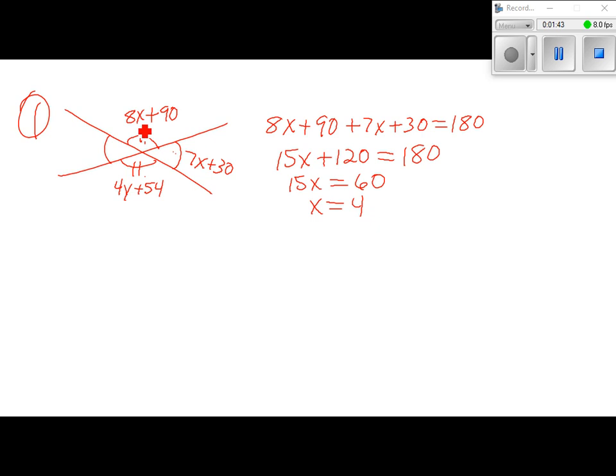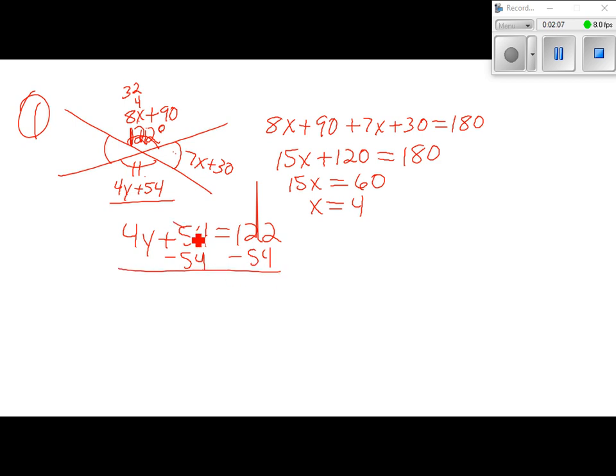Once you figure out that x is 4, you can stick it back in here somewhere. I could stick it in right here: 8 times 4 is 32, 32 plus 90 is 122, so this angle is 122 degrees. That means this angle has to be 122. So 4y plus 54 equals 122. Subtract 54 on both sides. These cancel out.